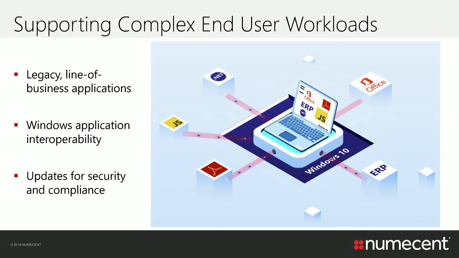For example, you may have an ERP application that needs an old version of Java to run. How do you bring that to a modern desktop like Windows 10 and not affect other applications? Another great aspect of Windows is the ability for applications to interact.